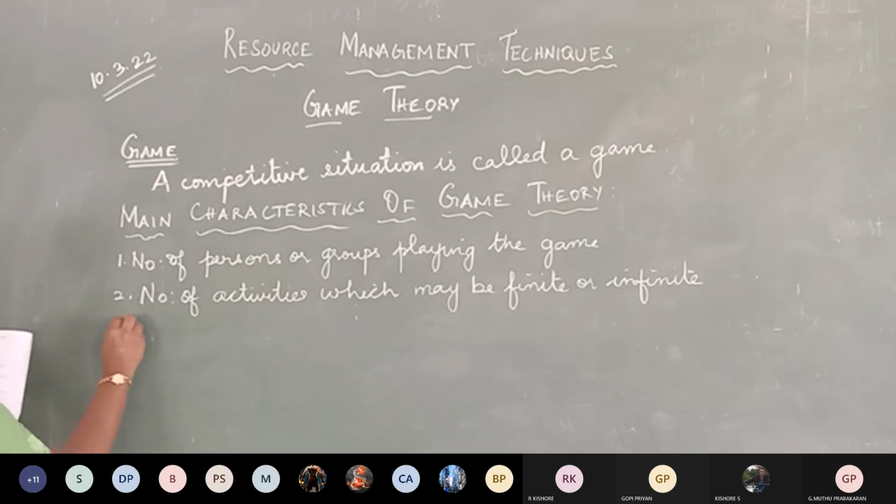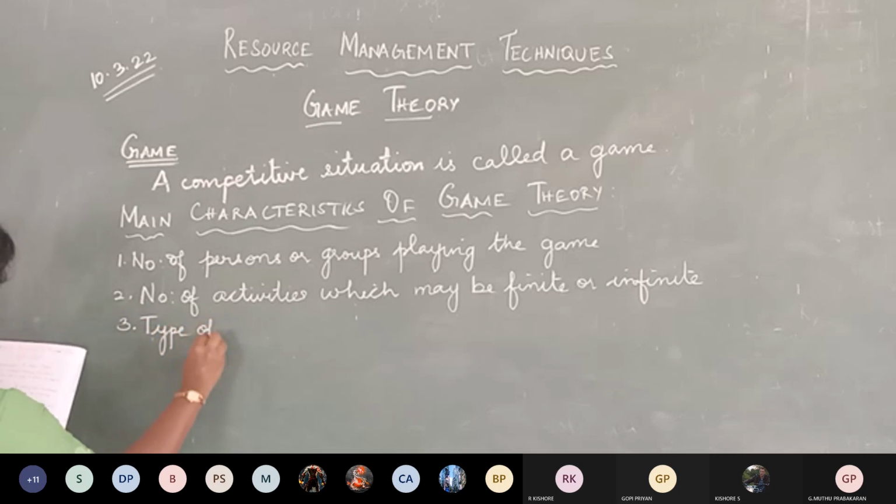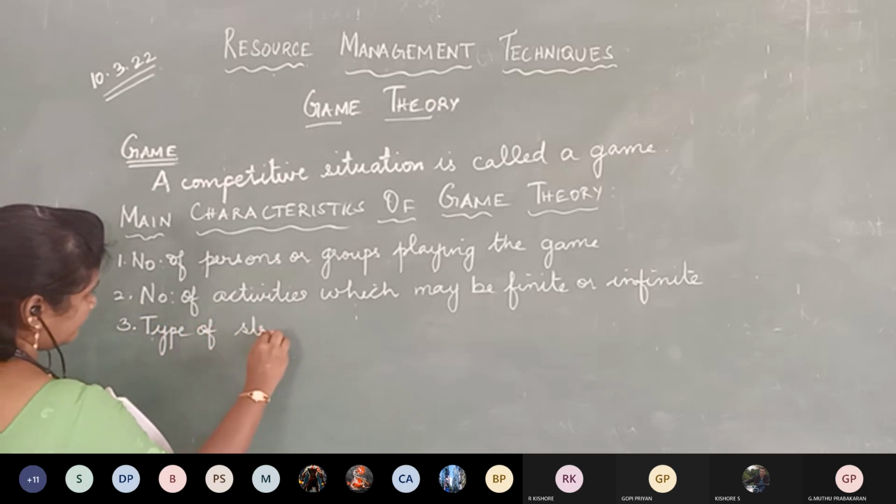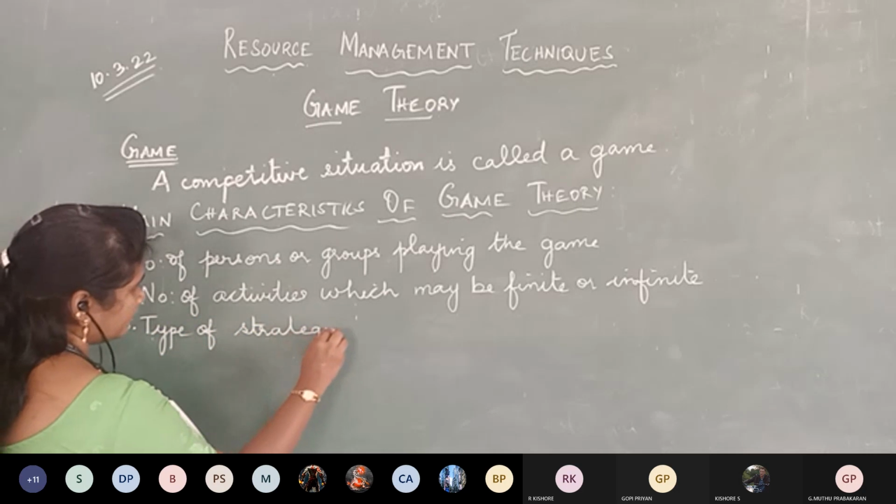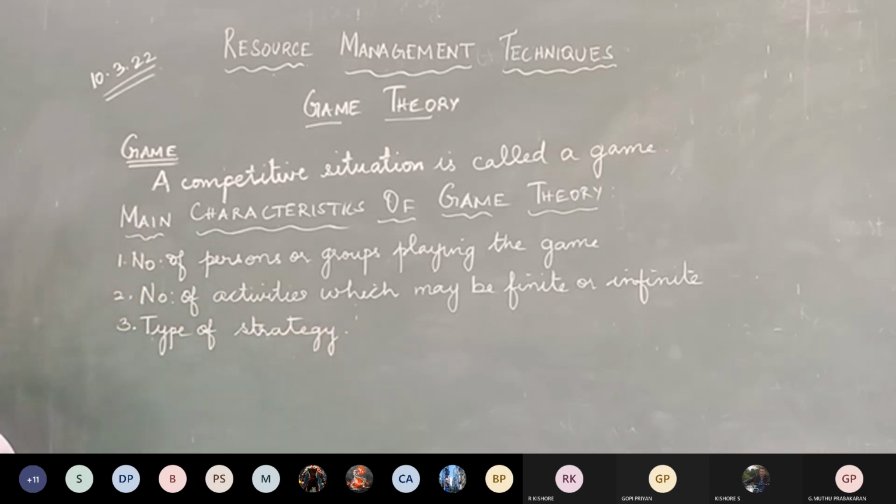Third one is the type of your strategy. Type of strategy. These are the main characteristics of game theory.